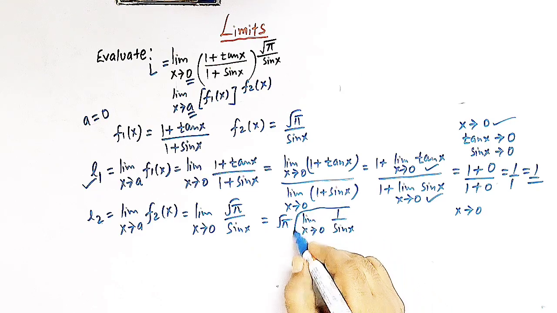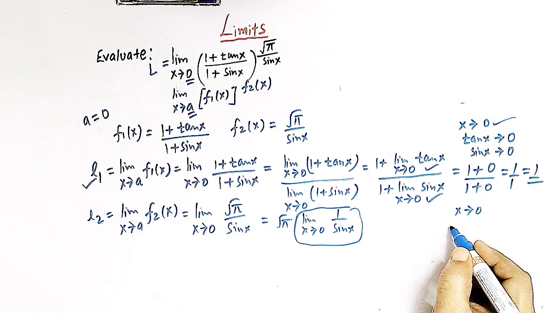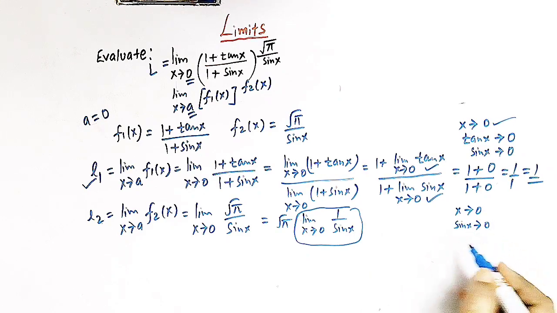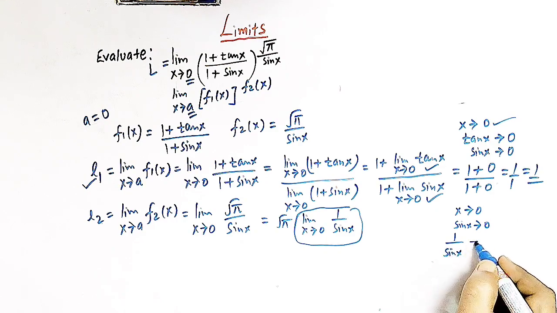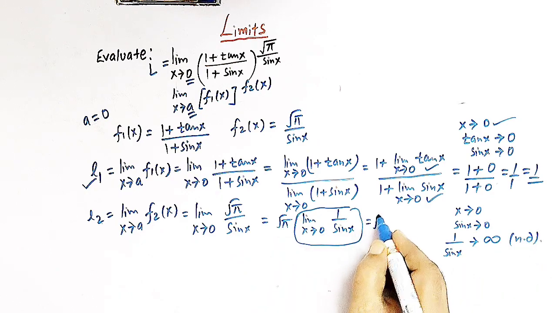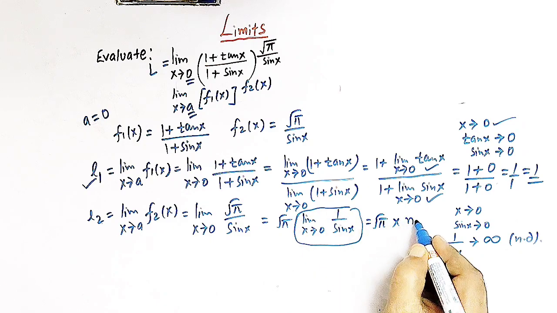So 1 over sin x tends to infinity, or is not defined. So here we have square root of pi, and this limit is not defined.